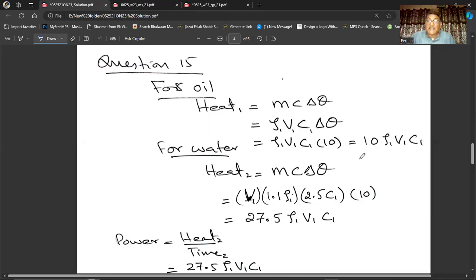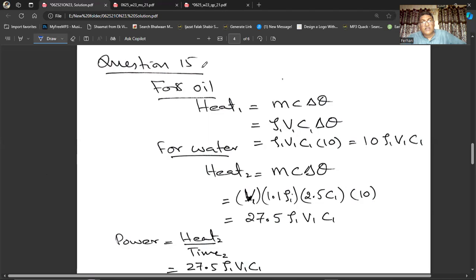The specific heat capacity of the water is 2.5 times more, so it will be 2.5 C1. The change in temperature of the water is also 10 degrees. So when you multiply 1.1 with 2.5 with 10, you get 27.5, and ρ1 multiplied by V1 multiplied by C1, which is for the oil.